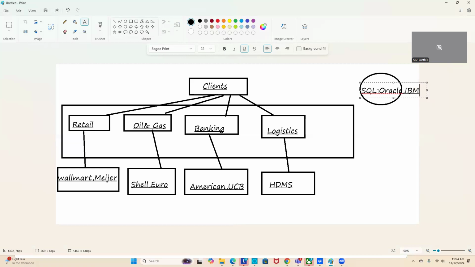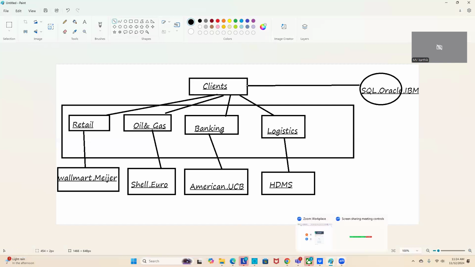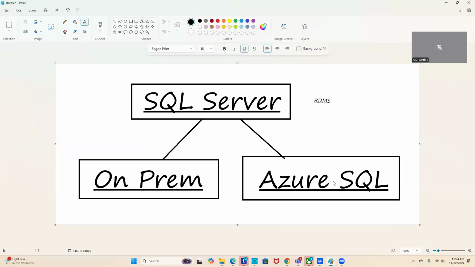Any database will do. It's the client's choice. The client can go with any of these tools based on their convenience and their budget. So this is how it works, and that's where SQL comes into the picture to store all this business-critical information.